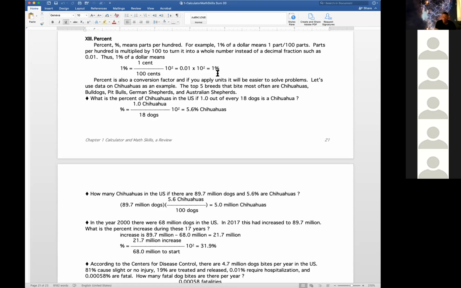So I know you guys were really interested in all the Chihuahua stuff. So therefore, the top 5 breeds that bite most often are Chihuahuas, Bulldogs, Pit Bulls, German Shepherds, and Australian Shepherds. And I would say they bite for different reasons.